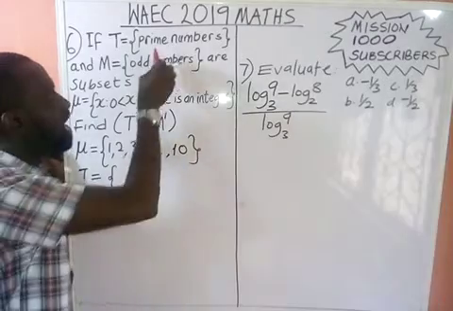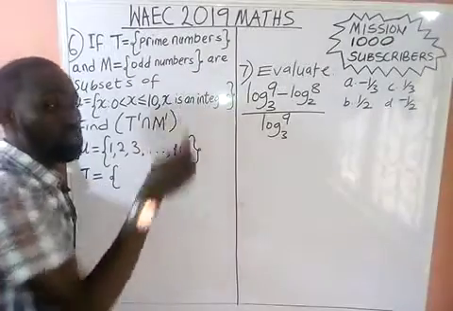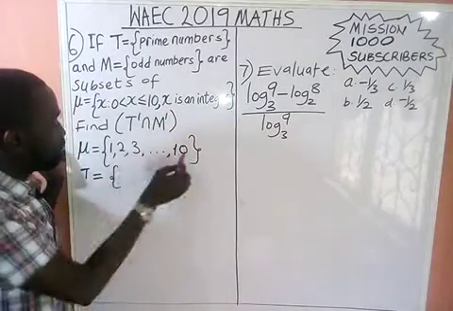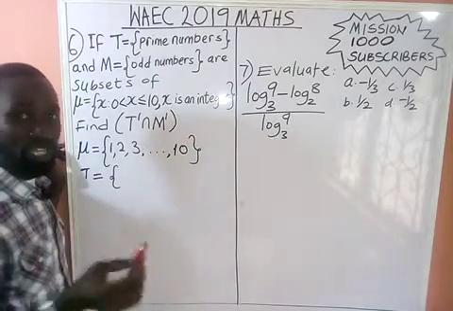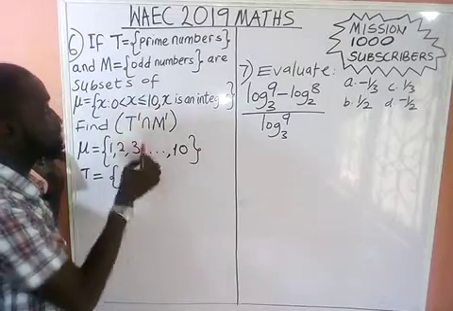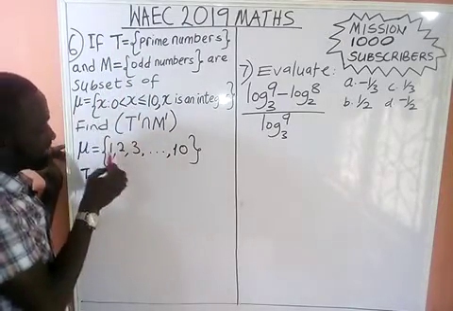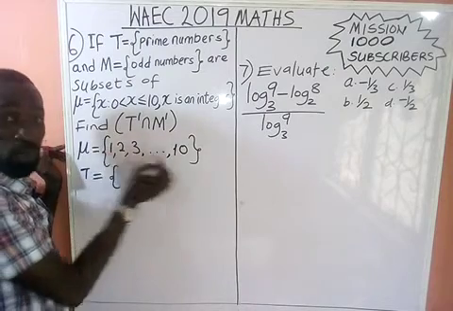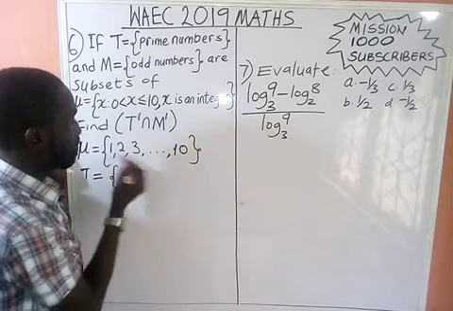Although we have many prime numbers in mathematics, the prime numbers we are talking about here must be found between 1 and 10, because they are subsets. What are subsets? Subsets are sets that are found in another set. So since T is a subset of the universal set, T must be found between 1 and 10.